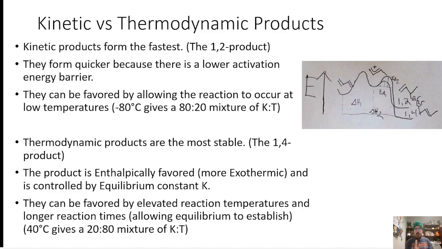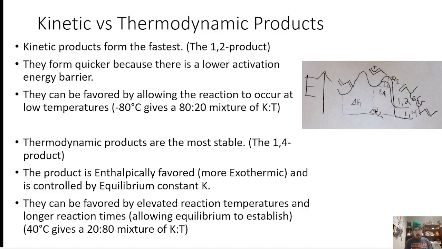Now the 1,2 is the fastest, for the sheer reason of having a secondary carbocation, which is more stable. Even though it's resonating, a secondary carbocation is more stable, so we have a lower energy barrier.